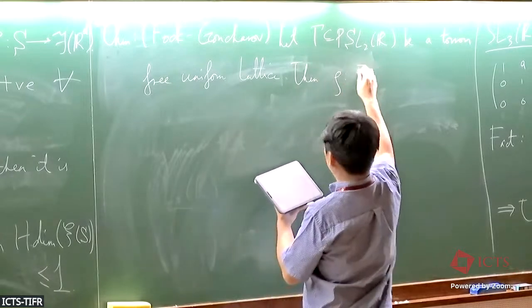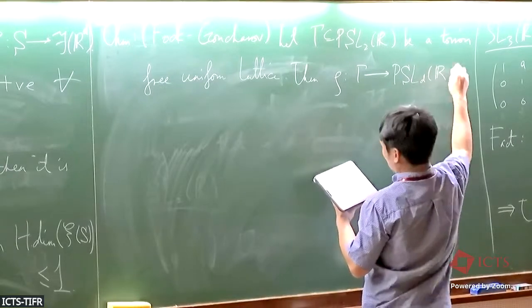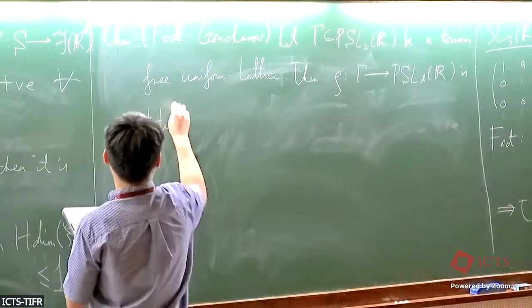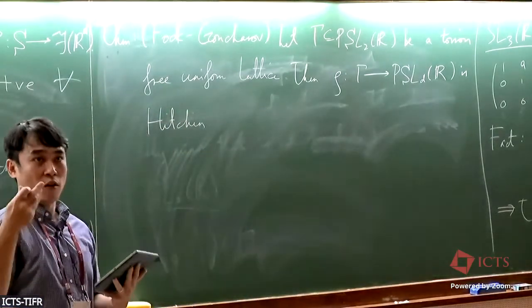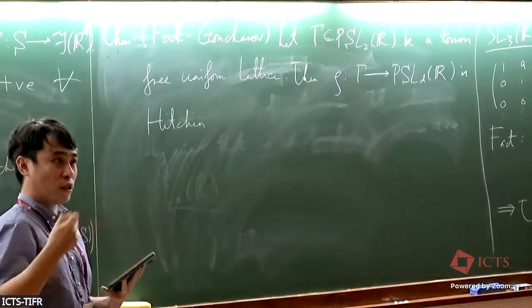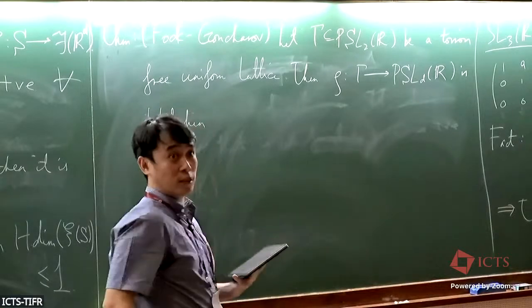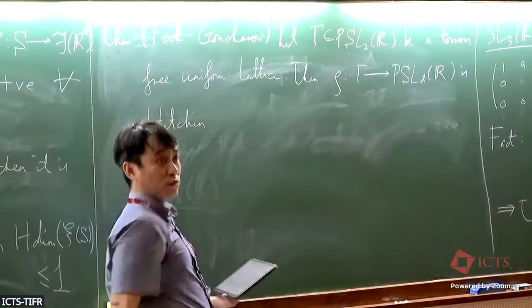rho from gamma to PSL-dR is a Hitchin representation. So we defined this last time, right? These were things that you can continuously deform from a discrete faithful representation from gamma to PSL2R, and then you post-compose with this iota, this irreducible representation, and then you deform from there. Anything you can get that way is called a Hitchin representation.